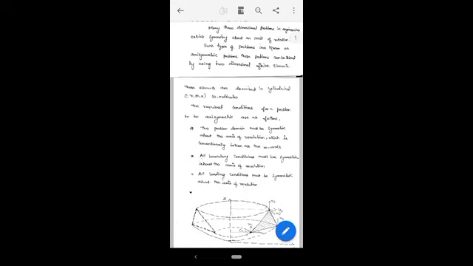The axisymmetric element is described by cylindrical coordinates r, theta, and z.